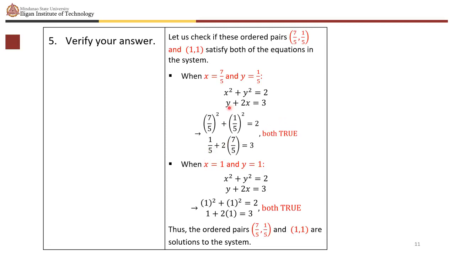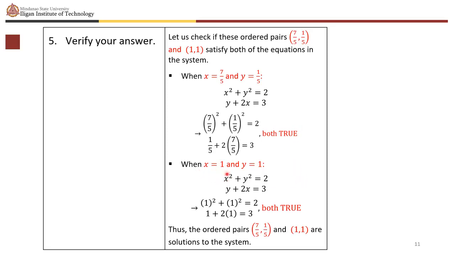On the other hand, for y plus 2x equal to 3, that is 1/5 plus 2 times 7/5. The LCD here is 5, so we have 1/5 plus 14/5. That's 15/5, which is equal to 3, so it's also true.